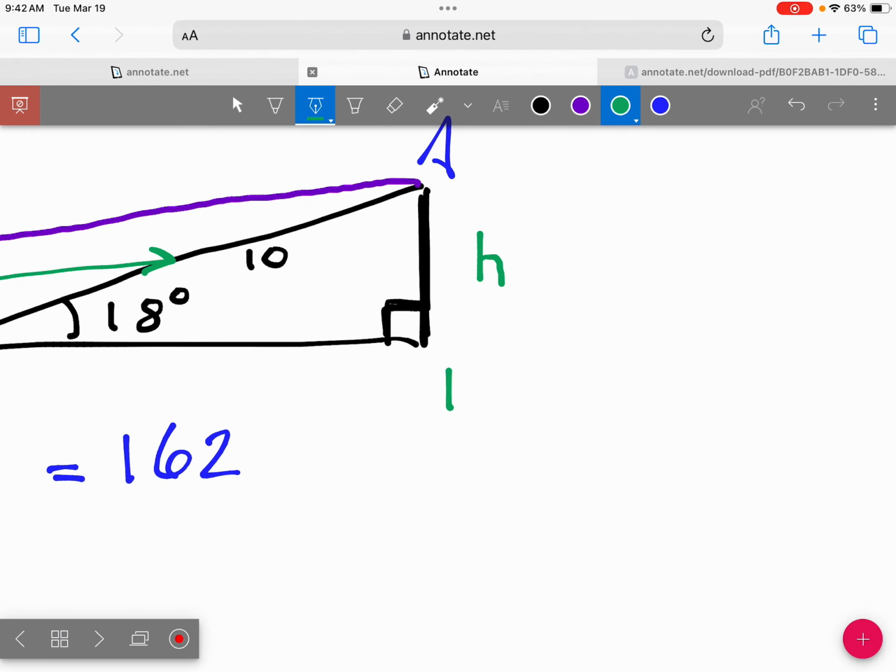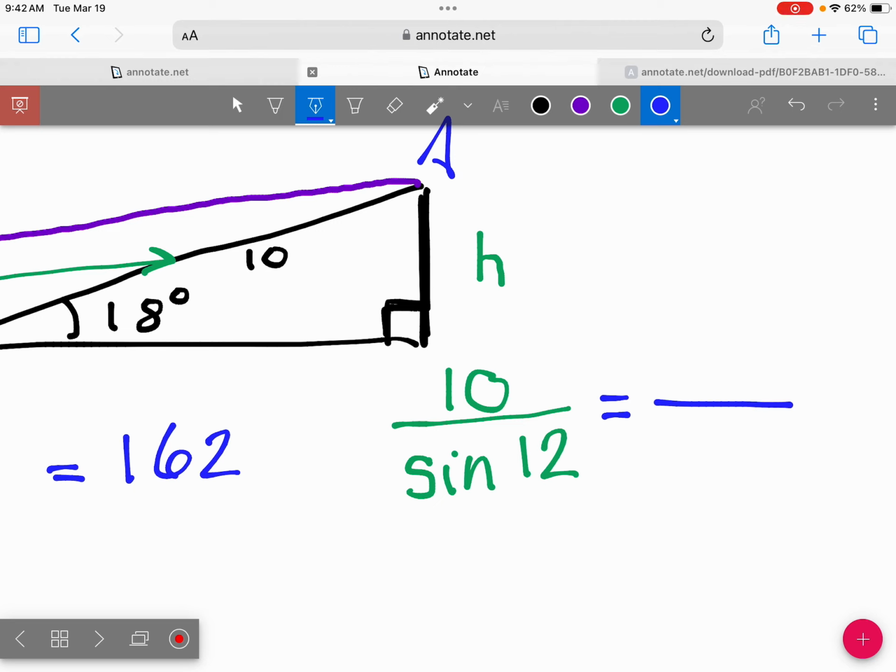So I'm going to set this up as my 10 over sine of angle C, which was 12. And it's going to have the same ratio as side B to angle B, which I've labeled as D because I'm making life difficult.